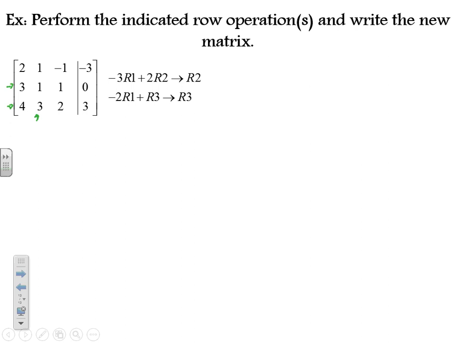The first row operation says take row 1 and multiply everything in row 1 by a negative 3, take everything in row 2 and multiply it by a 2, and then add them together. Whatever we get, we're going to put into row 2.